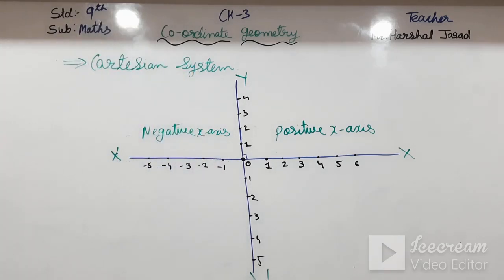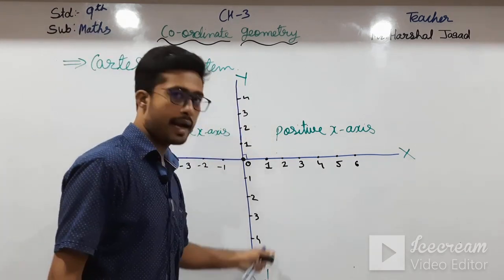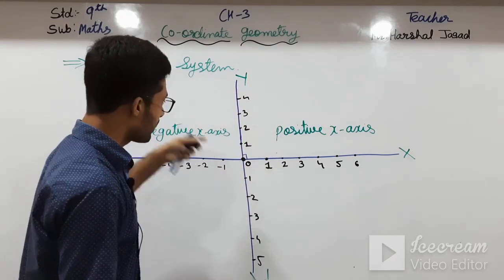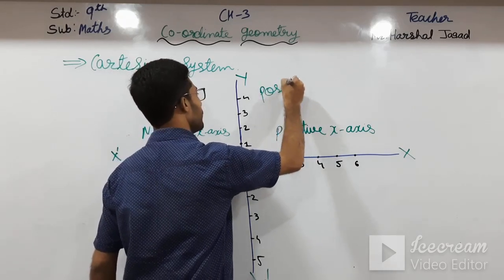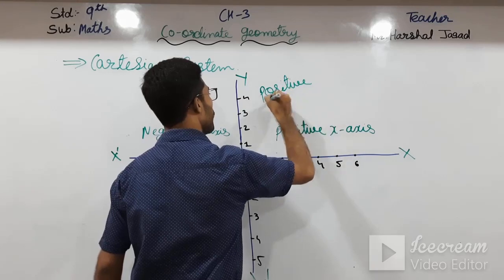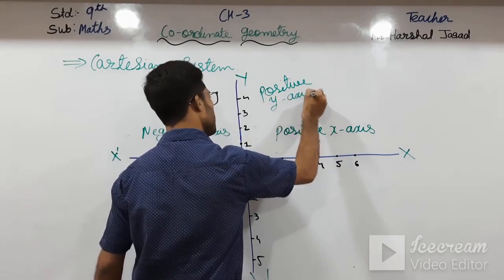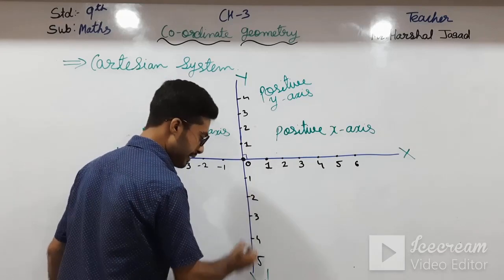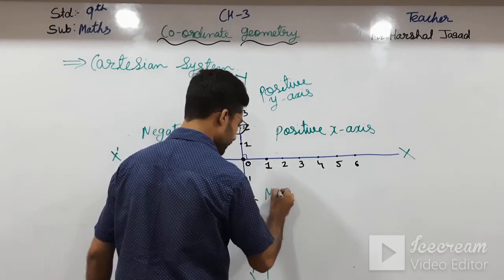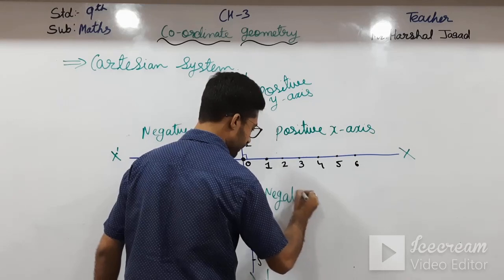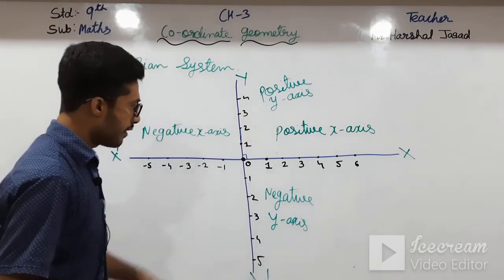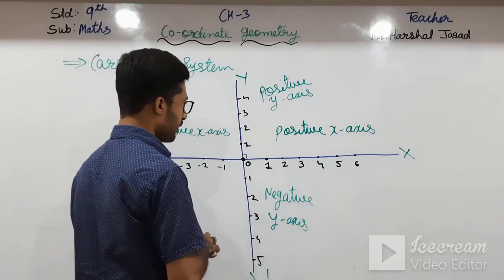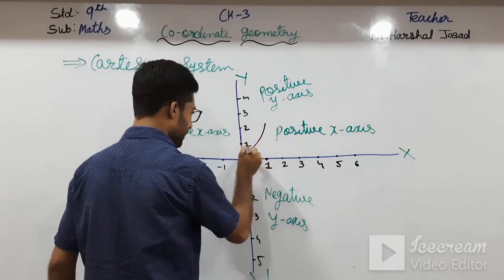Okay students, now as we have seen in the x-axis, we can also write names in the y-axis. See here, where is positive? This is positive, so this is the positive y-axis, this students, and this is the negative y-axis.